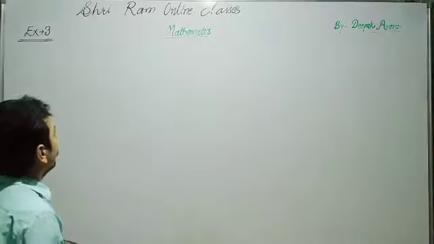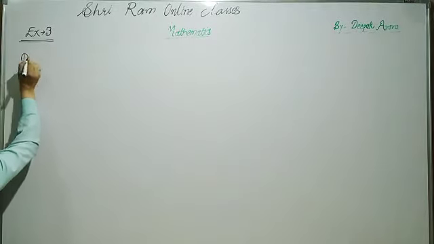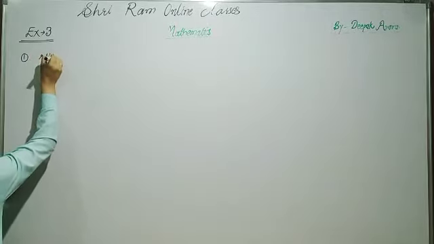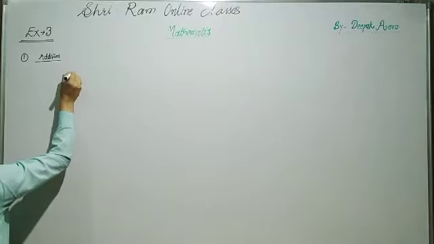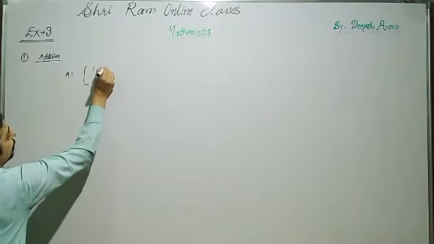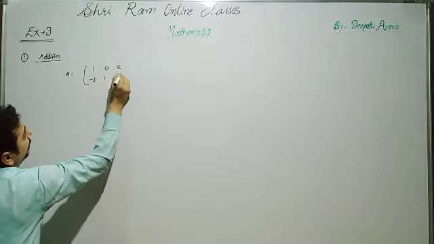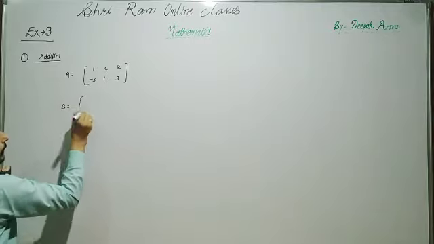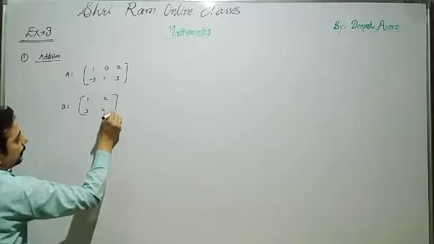Now the first property we discuss is the property of addition. Let A be a matrix with rows 1 0 2 and minus 3 1 3, and let B matrix also have 1 2 3 4.